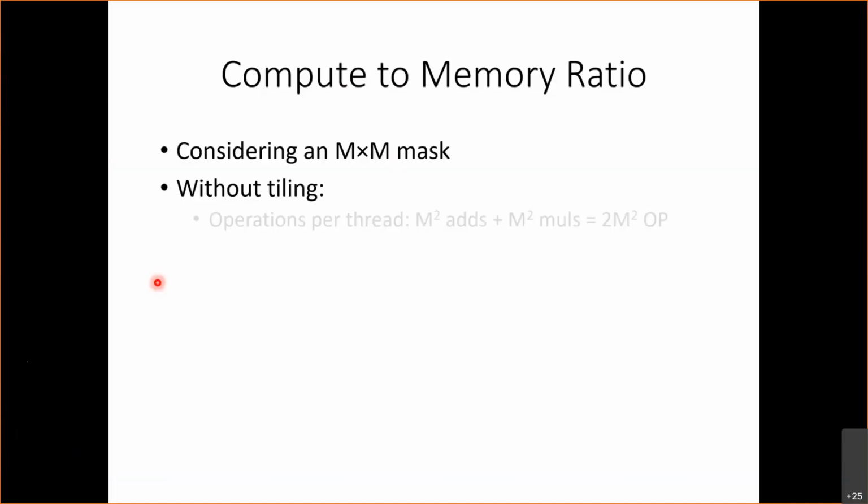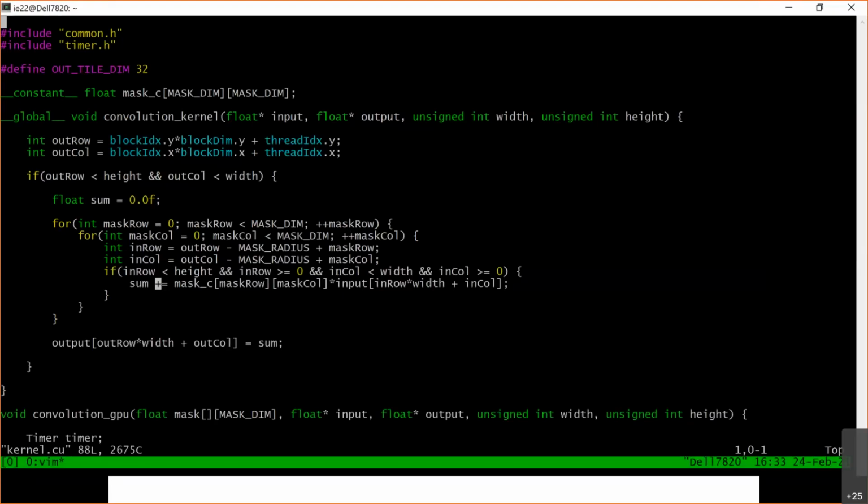But sir, isn't it 4 operations? Well, why do you say it's 4 operations? We have a multiplication and we have an addition. Yes, but you also have row times width plus column. But we're referring to the floating point operations here. Otherwise, even this code over here is going to contain some integer arithmetic to calculate the address.